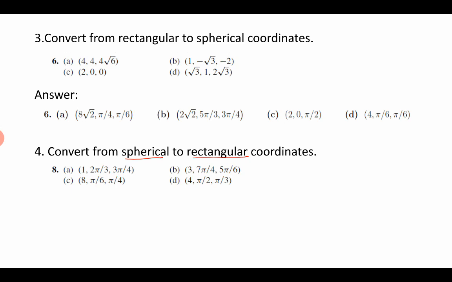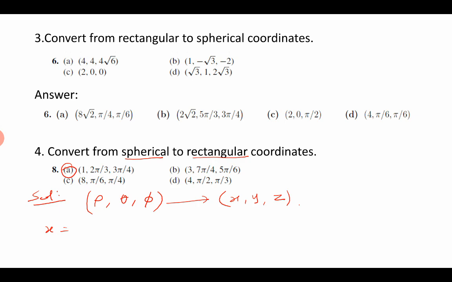Convert spherical to rectangular coordinates. Okay. The solution part, we will choose one problem. We'll choose A. Spherical coordinates are rho, theta, and phi. We have to find rectangular coordinates x, y, z. So the formula for x by using rho, theta, and phi.